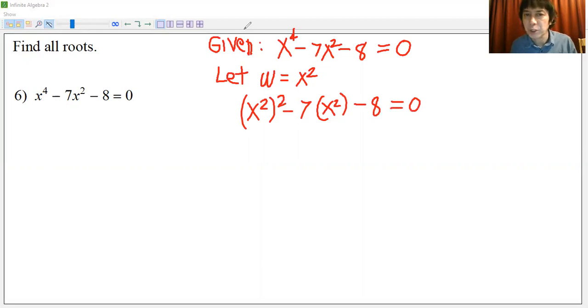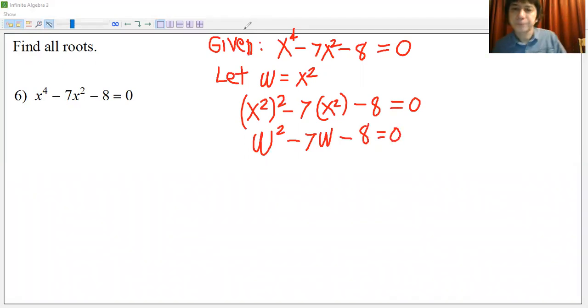Using now the substitution, we will now be using w squared minus 7w minus 8 is equal to 0. What are the factors of 8 when subtracted gives 7?